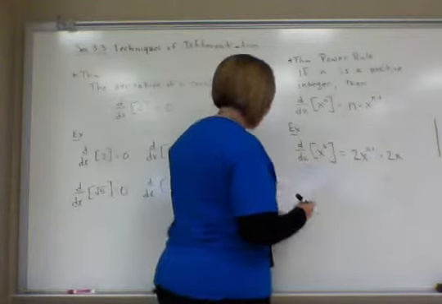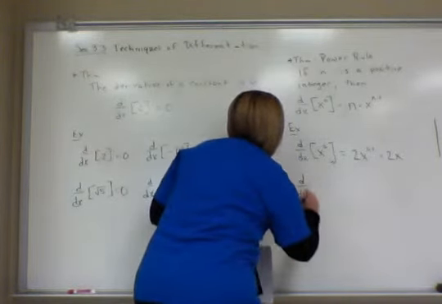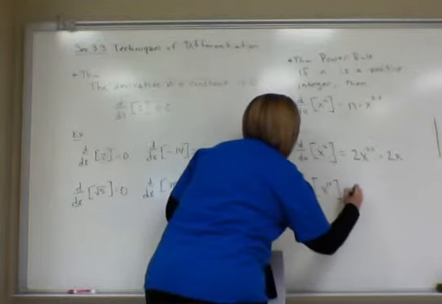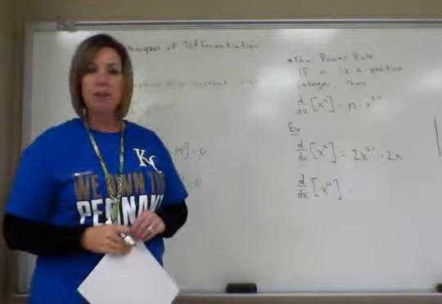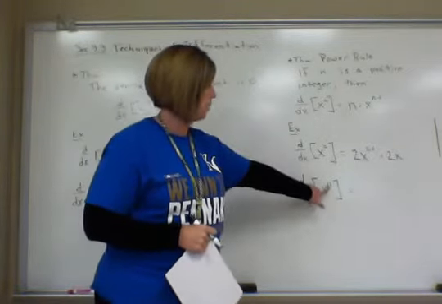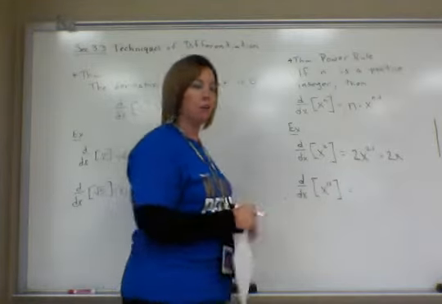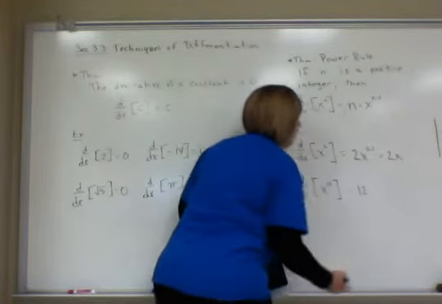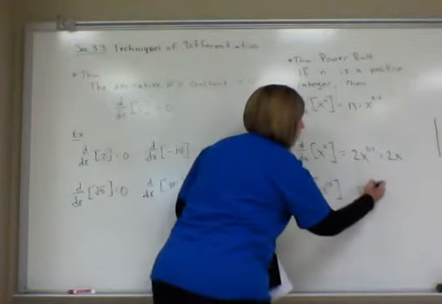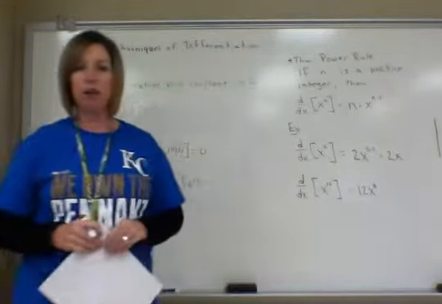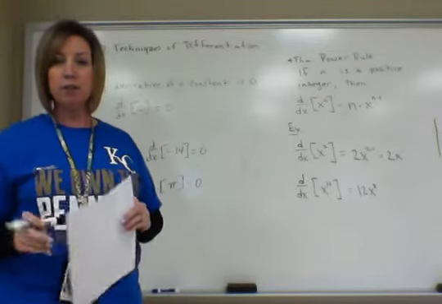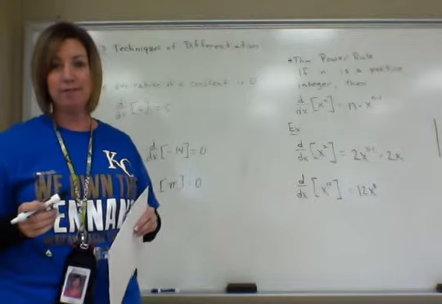How about the derivative of x to the 12th power? Again, using the power rule, we're going to bring the exponent out front as a coefficient, and we're going to have x to the 12 minus 1, or we're going to take that down by 1 and call that 12x to the 11th power. Pretty straightforward, right?